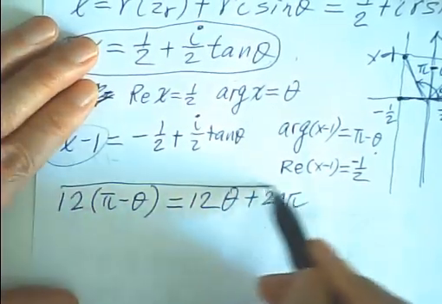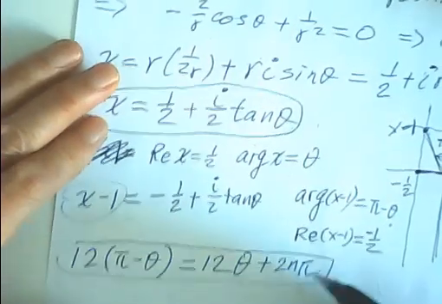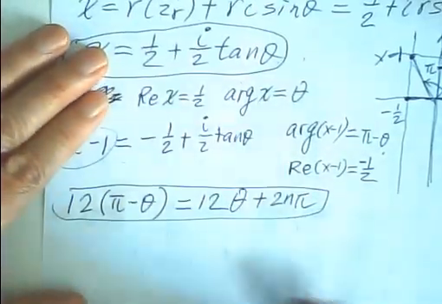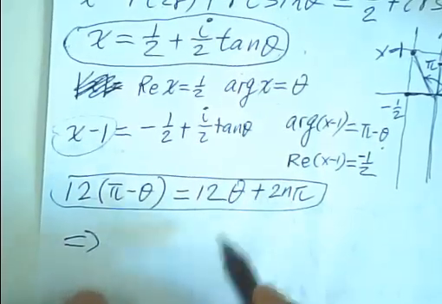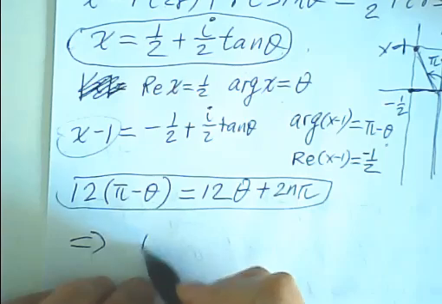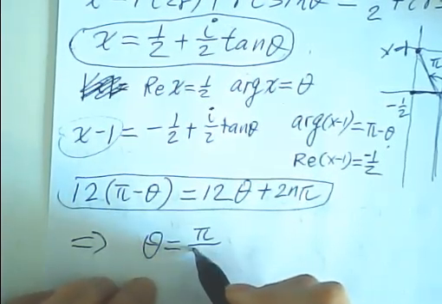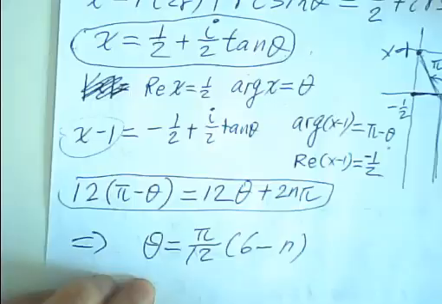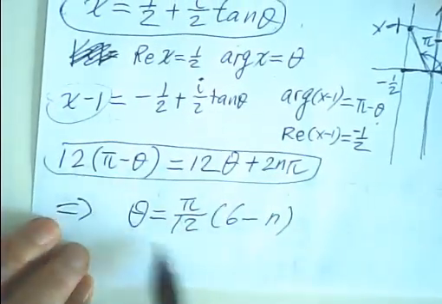So that is a relation from which we find theta. Now we simplify this one, and theta is equal to pi over 12 times (6 minus n), right? And whichever n satisfy the validity of theta.